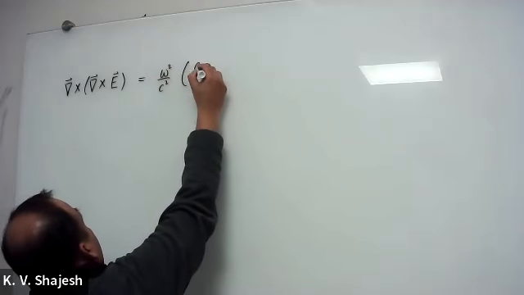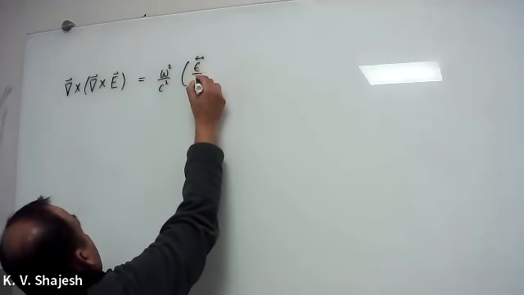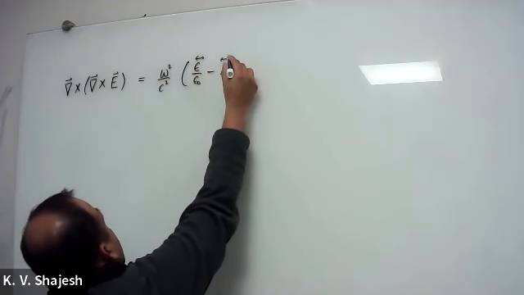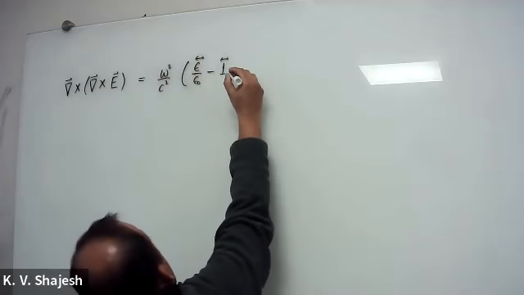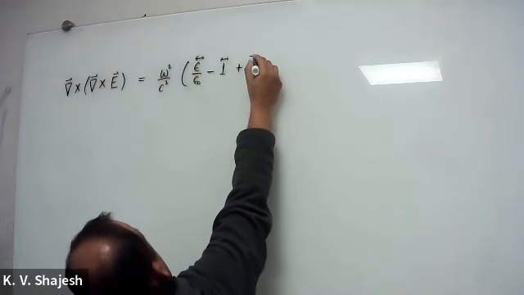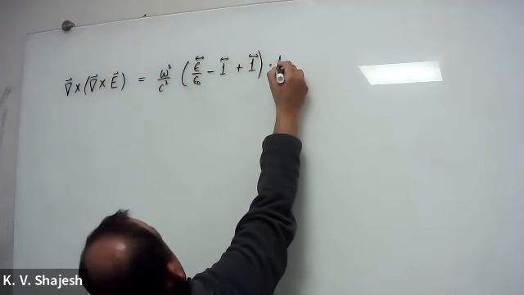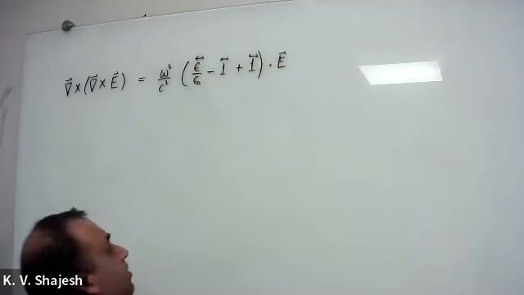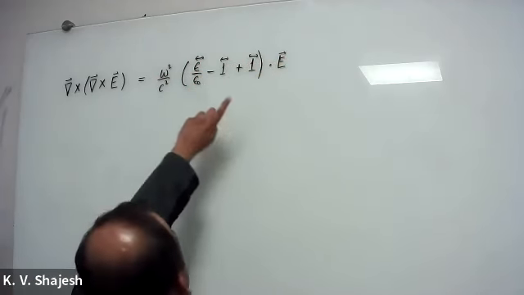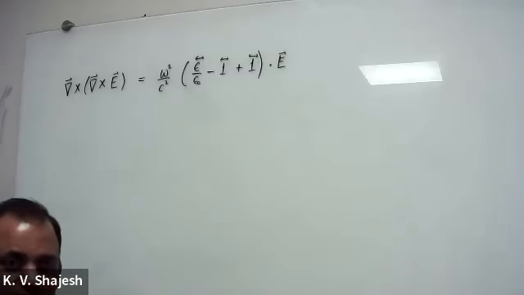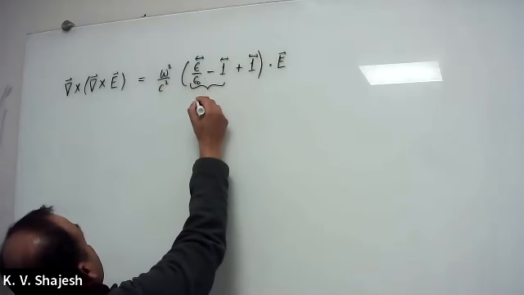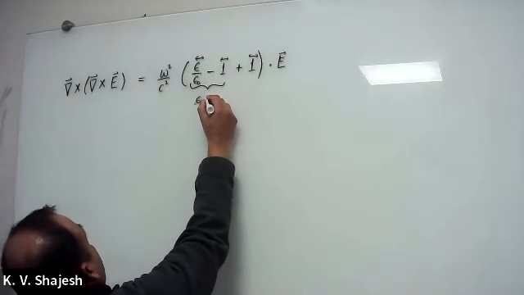So I say this is epsilon over epsilon naught minus 1. I'm adding and subtracting there. So, and then I say this is plus 1. So plus 1, take it on to the left there and read this as, so this is nothing but chi naught, epsilon naught times chi.